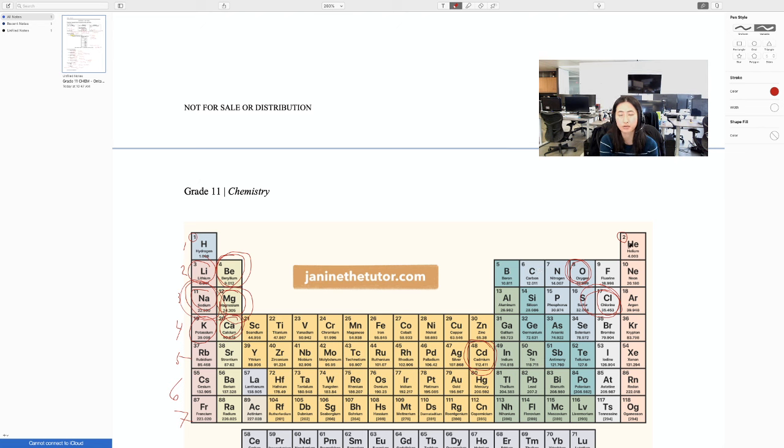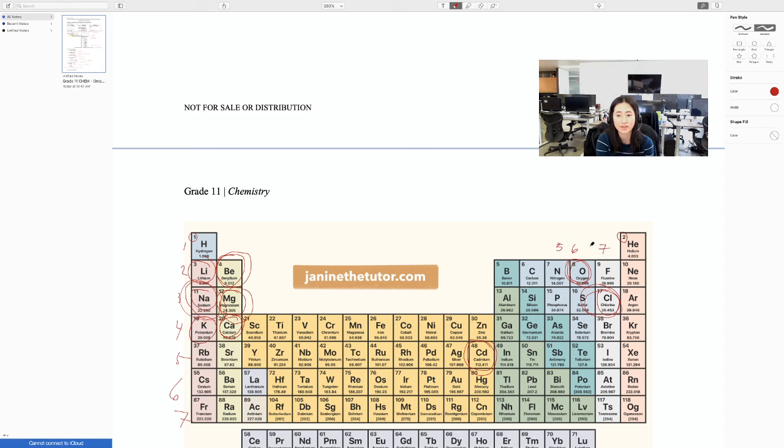to gain that full octet, because at the end of the day, everyone wants to be stable. That's why they just prefer to lose that valence electron to gain that full 8 electrons. Does that make sense? And then if you're at group 5, 6, and 7, that means you're just likely to gain electrons as opposed to losing it, because it's just easier for you to do it that way, since you already have 5 valence electrons and you have 6 and you have 7, right?